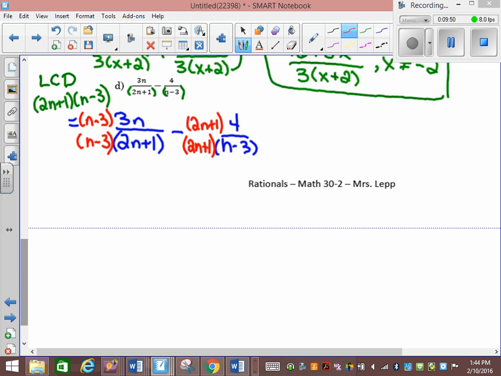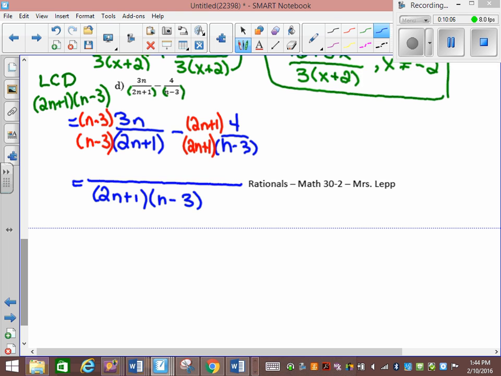The bottoms are the same, so I can write them over the bottom. Does it matter which one comes first, 2n plus 1 or n minus 3? No, they're multiplied, so the order doesn't matter.